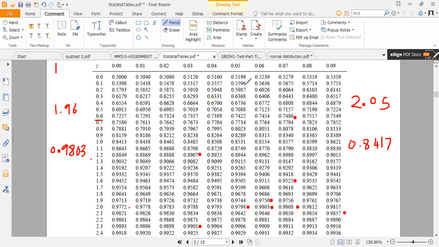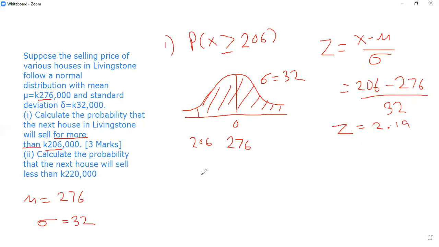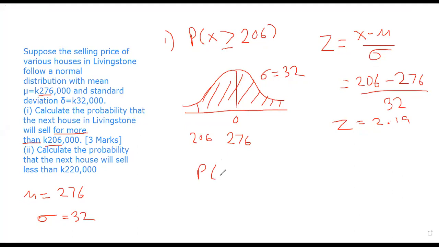0.9857. Good, 0.9857. Meaning we're not going to subtract. This z is equal to negative 2.19.